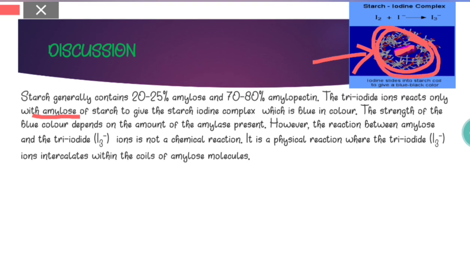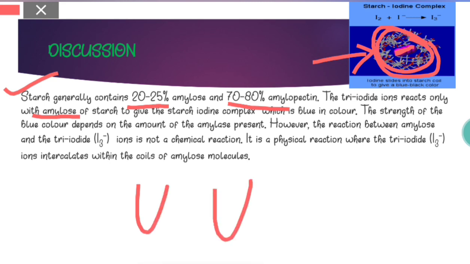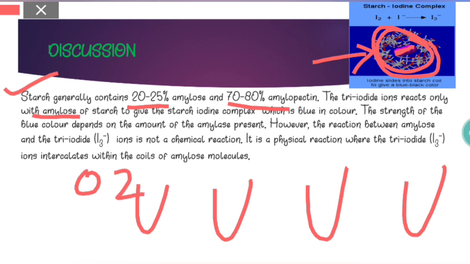Also, as you have learned from the theory, starch generally contains 20 to 25% amylose and 70 to 80% amylopectin. In the different test tubes, if you remember, we are taking a small volume of starch, for example 0.2, then 0.4, and so on till 2 ml. As the concentration of starch increases, the concentration of amylose also increases.